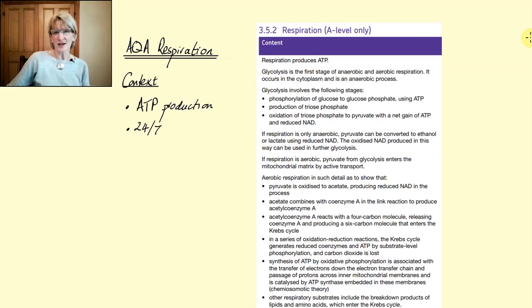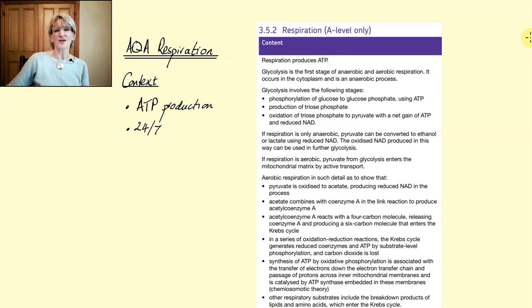And the raison d'etre for the chemical reaction is to produce ATP as a form of chemical energy, not to produce the products of the reaction, which are carbon dioxide and water. That, to be quite honest, is neither here nor there. Carbon dioxide is poisonous, and water can generally be got from other places other than a reaction taking place.